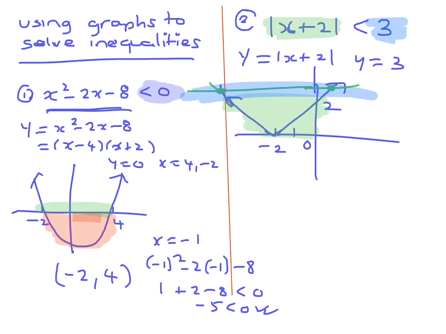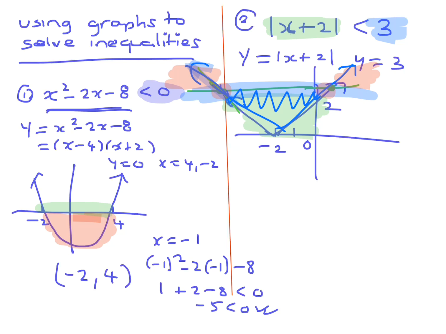So anything between there, that's where the curve is less than. And when you go on the other side of whatever that number is, it is going to be greater than.